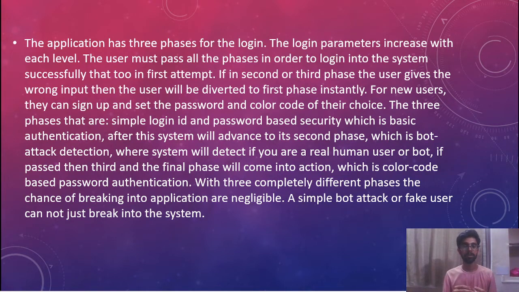If passed, then the third and final phase comes into action, which is color-based password authentication with three completely different phases. The chances of breaking into the application are negligible. A simple bot hacker or fake user cannot just break into the system.